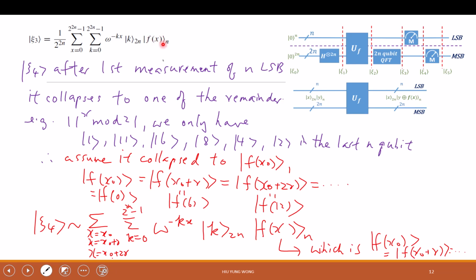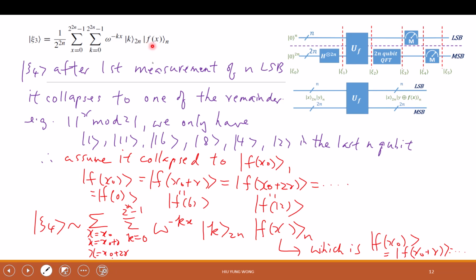Others will be gone. Regularly, when you do a measurement, everything else will be gone. Only the one you measure will be left over, right? You measure 0 plus 1, it collapses to 1, then you don't have 0 anymore. Now the same, I have a bunch of numbers, I measure it, it will collapse to one of them.